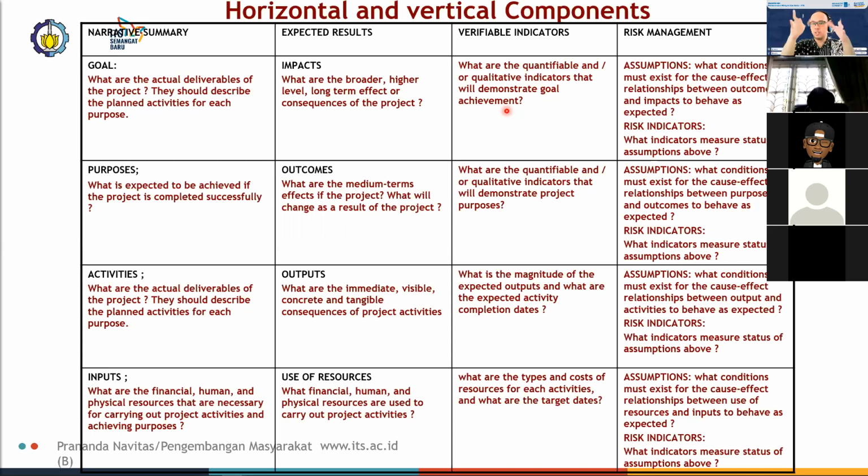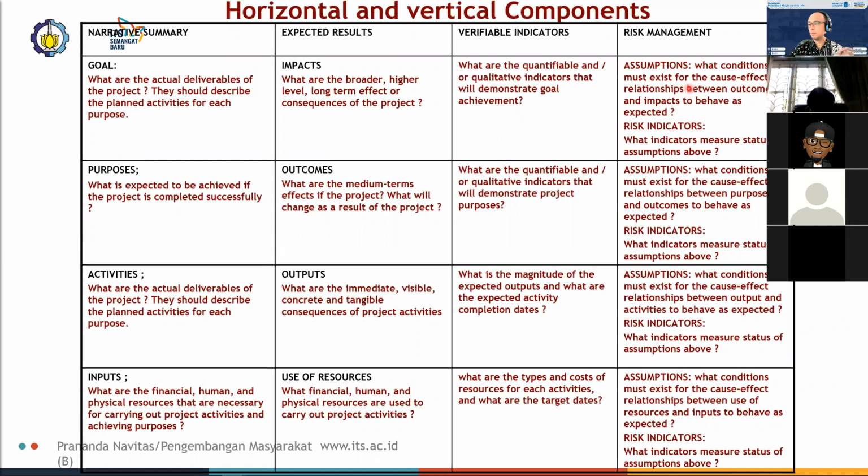The community library is a physical structure, for example. Or if, for example, you're trying to provide accessible reading materials or accessible books to the communities, perhaps one of the indicators of goal achievement would be 5,000 books, for example. Then that becomes your verifiable indicator.